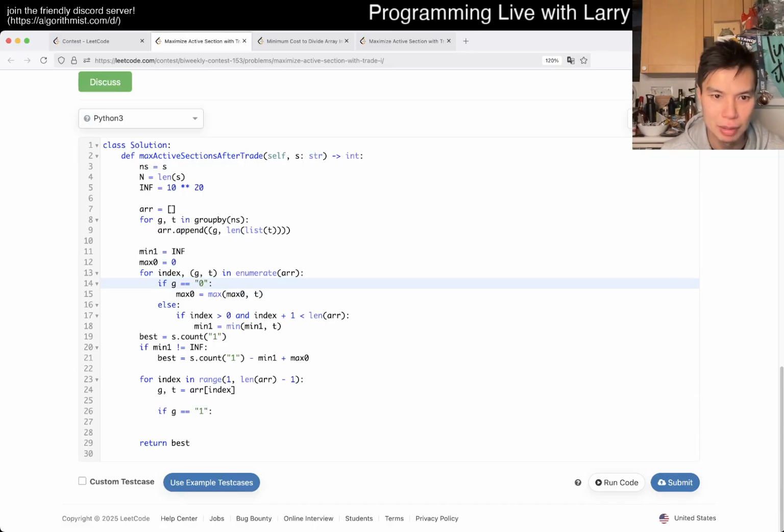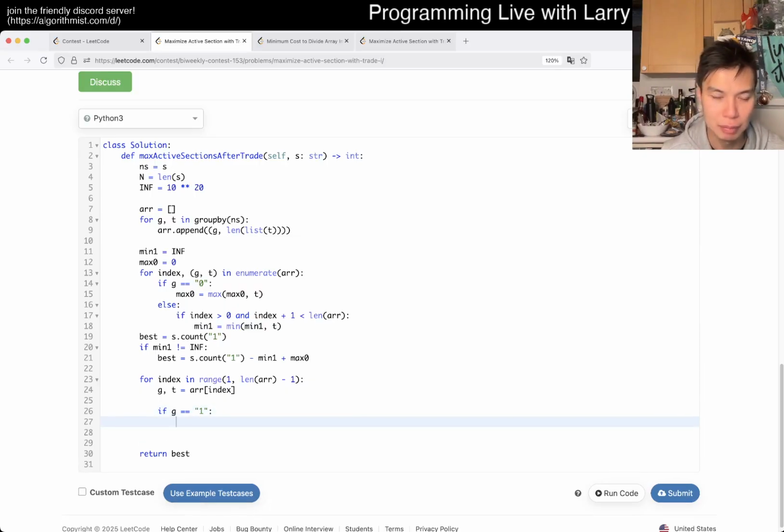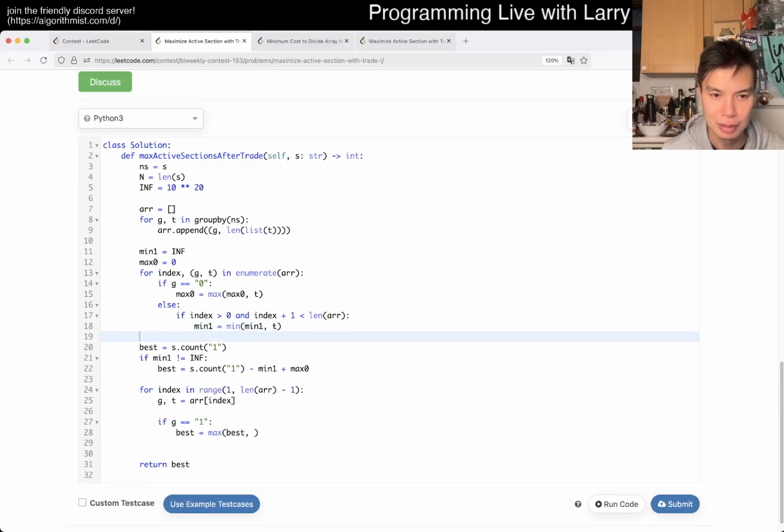I'm gonna mess that up. Okay. If it's a 1, then best is equal to max best. Cost is going to be start minus t plus index of. I guess this could have been prefix sum. Whatever.